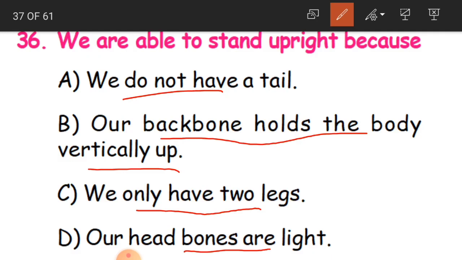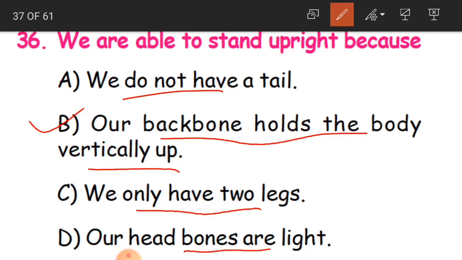Yes, the second option, that is B. Our backbone holds the body vertically up. Clear, children? It is not that we do not have a tail, or the C or D options.